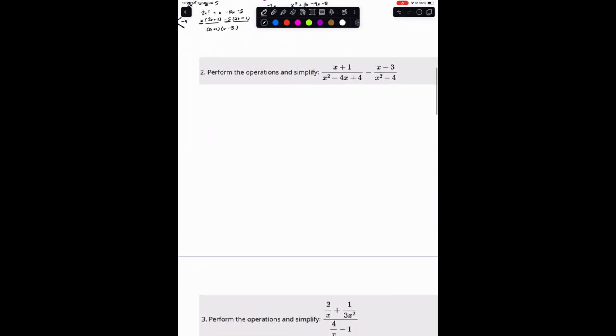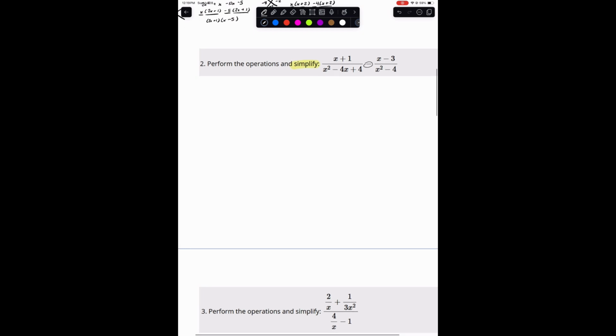All right, for number 2, same thing again, we're going to simplify. This time, though, we're subtracting. So we need to make sure that we have the same denominators on bottom. First, we're going to factor those denominators and see what we get.